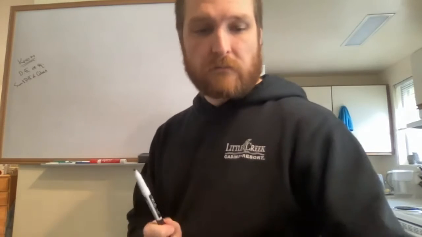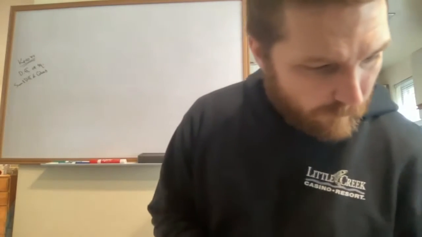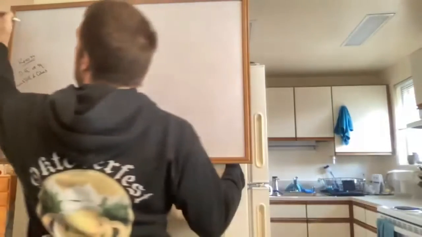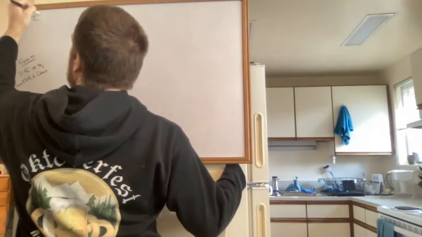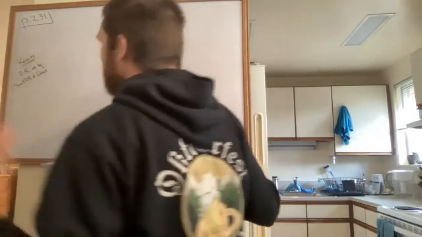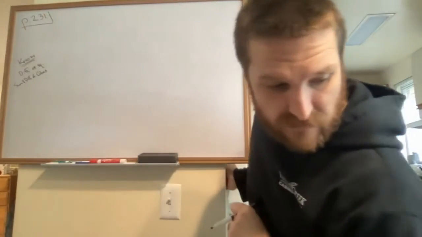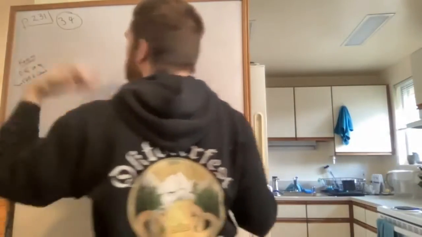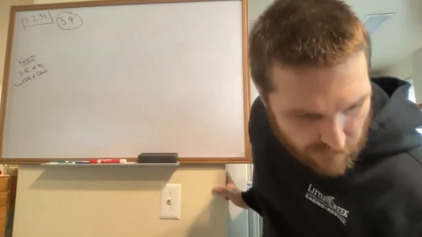Factor by grouping. Number 33 from page 231 was a really good one to practice for this quiz. Another good one to practice for this quiz will be number 34. Since it's an even one, let's just go ahead and do it.